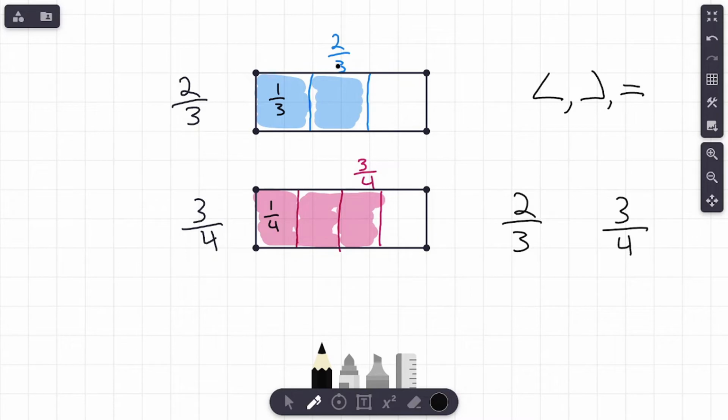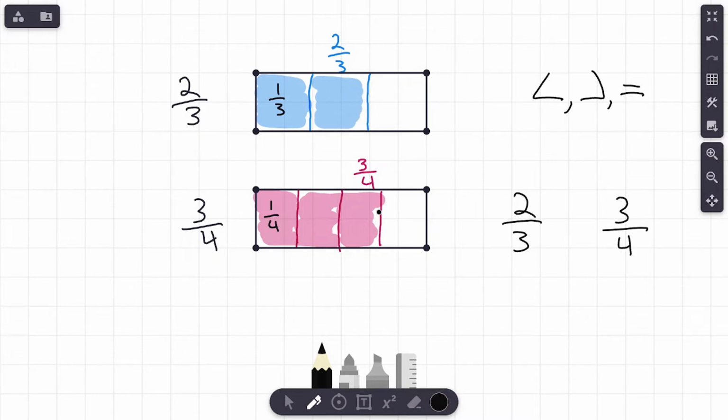Okay, but in our problem, we're comparing 2/3 and 3/4. So the sizes for the fourths are smaller, but if you have 3/4, do you have less than, more than, or the same amount as 2/3?